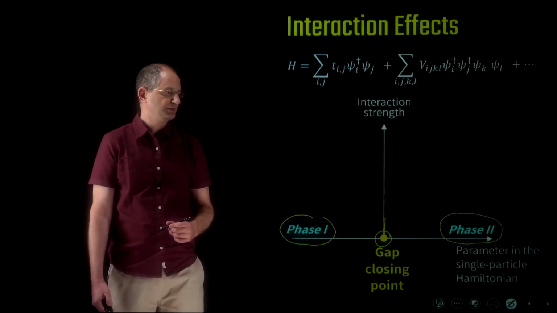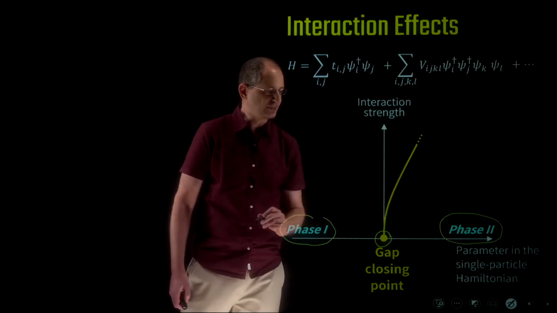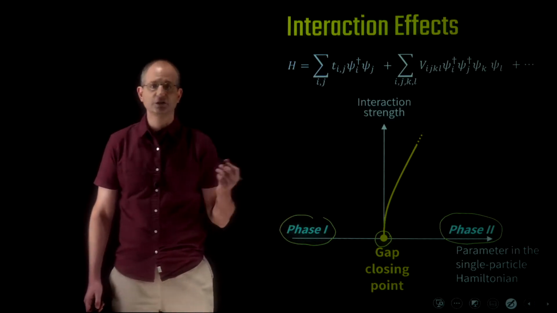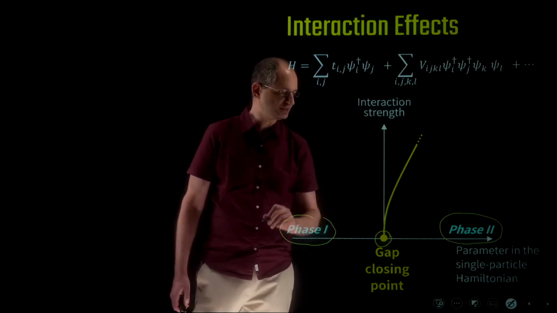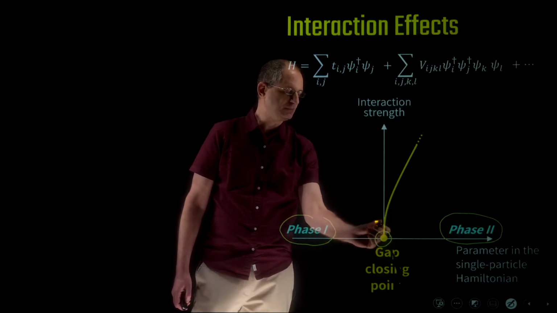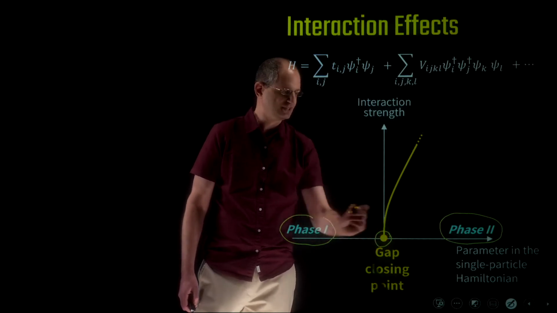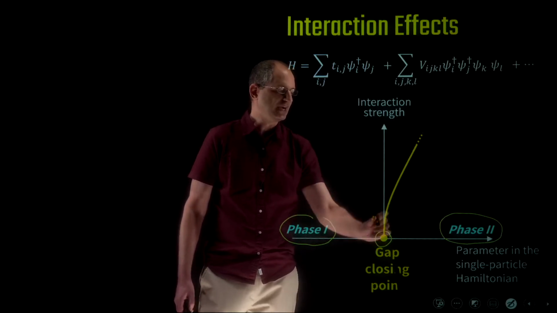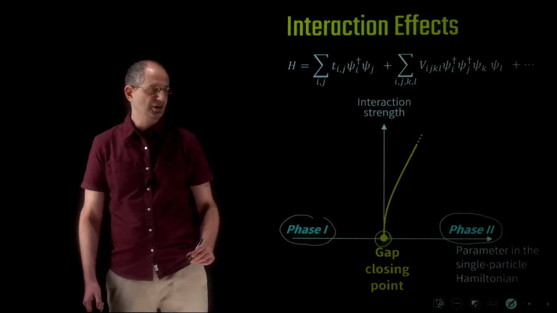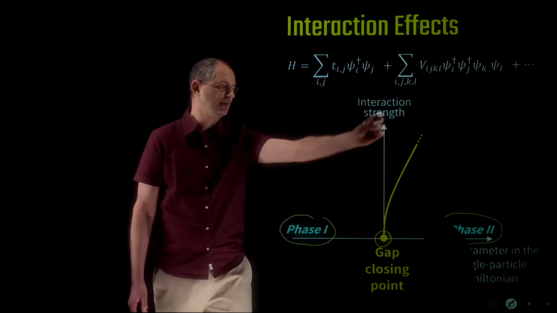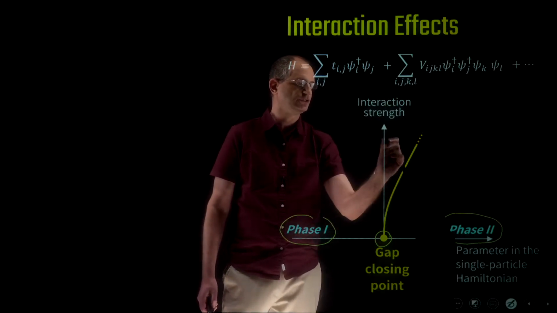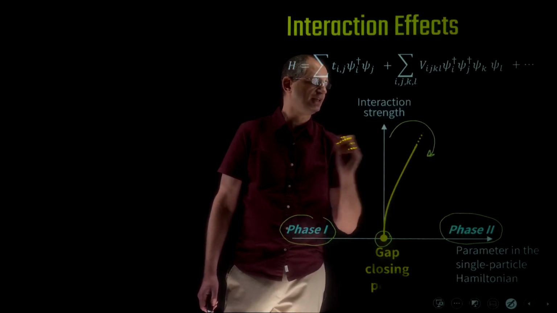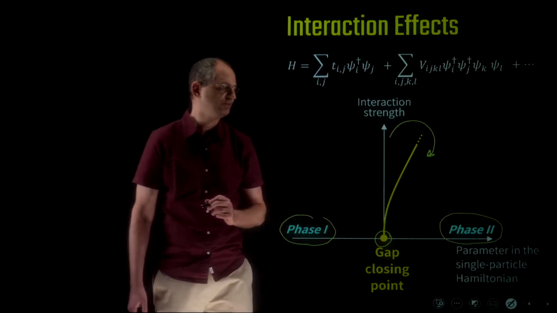One option is that these two different phases, phase 1 and phase 2, remain distinct from each other even once we turn on interactions between electrons. So this means that this gap closing point or phase transition point between phase 1 and phase 2 that exists at 0 interactions has to extend into the finite interaction direction. And this line can never terminate, because if it could terminate, we would be able to go continuously or adiabatically without closing the gap between phase 1 and phase 2.